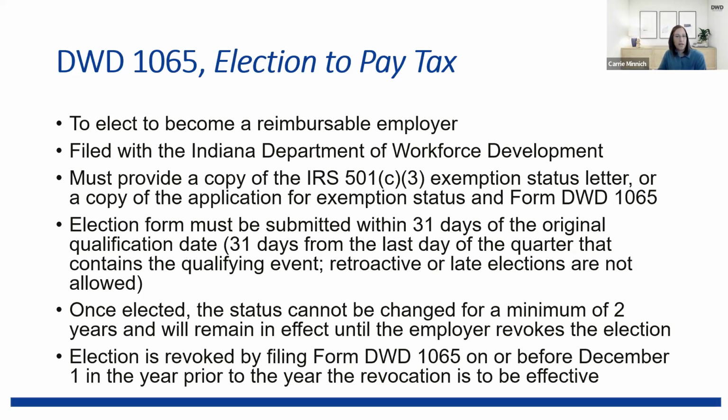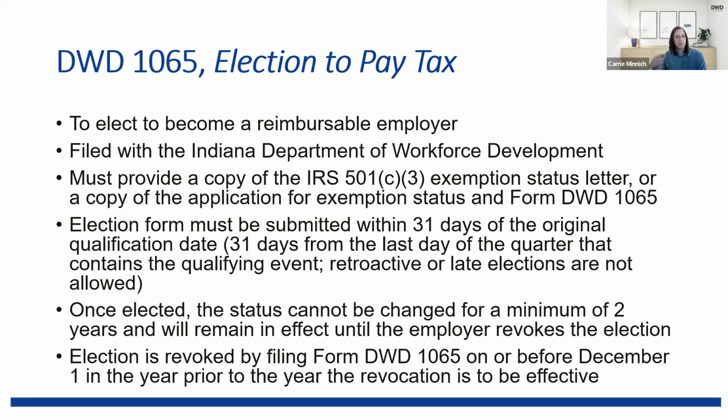In order to do that, you have to file this form with the Department of Workforce Development called the 1065 Election to Pay. You can file this form when you initiate as a nonprofit. It basically means that you don't pay state unemployment each month.